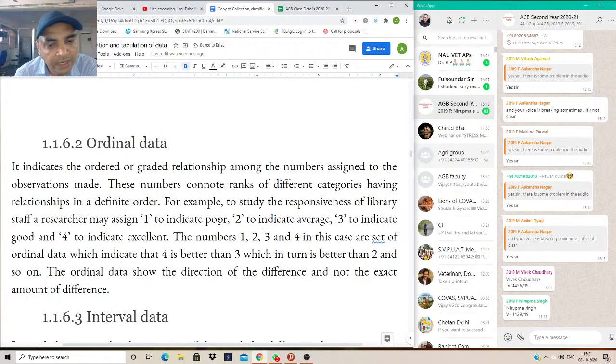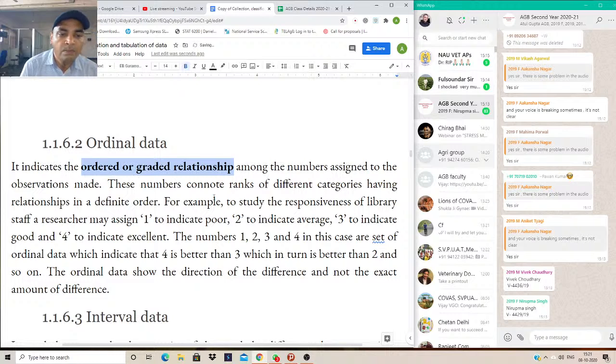Then comes your ordinal data. It indicates the ordered or graded relationship among the numbers. So there is ranking, there is an order, there is a gradation among the numbers assigned to the observations made. So these numbers are ranks of different categories having a relationship in a definite order.